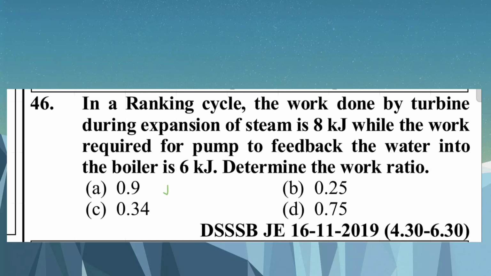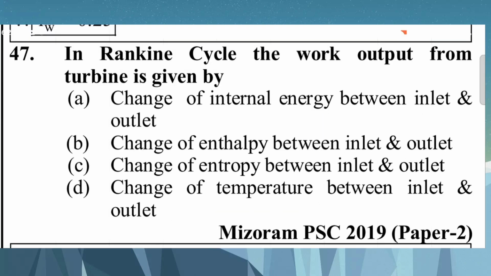We know that work ratio equals net work by turbine work. नेट वर्क कितना है? 8 किलो जूल एक्सपेंड हुआ, 6 हीट दिया हुआ, 8 - 6 तो 2. अपन टर्बाइन वर्क कितना है, 8. 2/8 यानी 1/4, यानी 0.25. Answer B is the right answer.